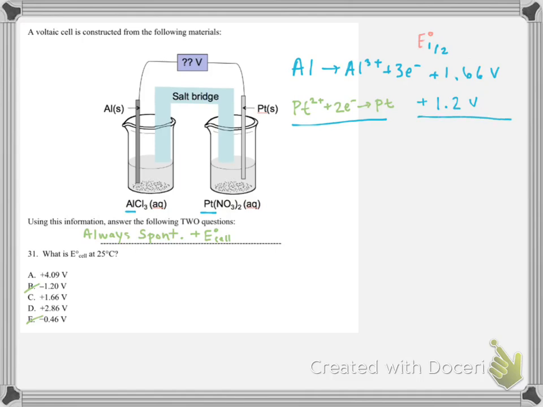So then our E naught cell is just going to be equal to the sum of those two values, which is 2.86 volts. Okay, so that's going to be D. And it's positive just like we were expecting.